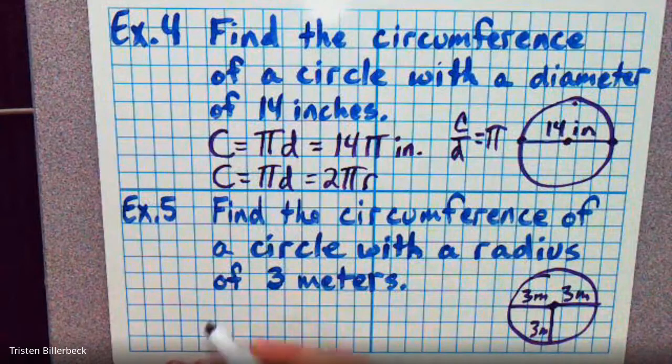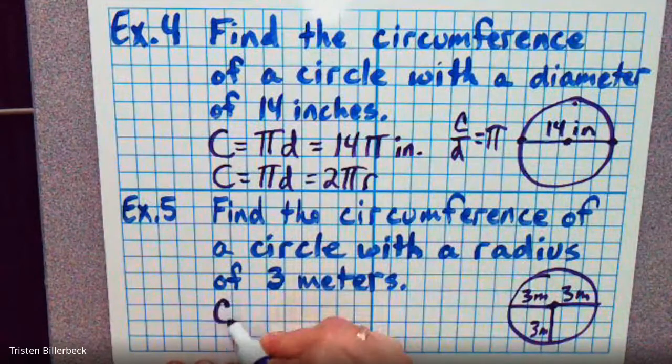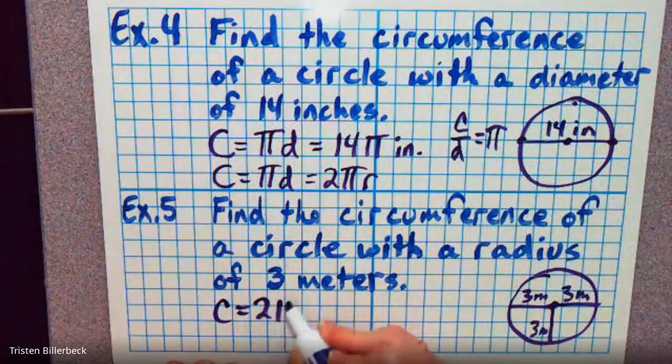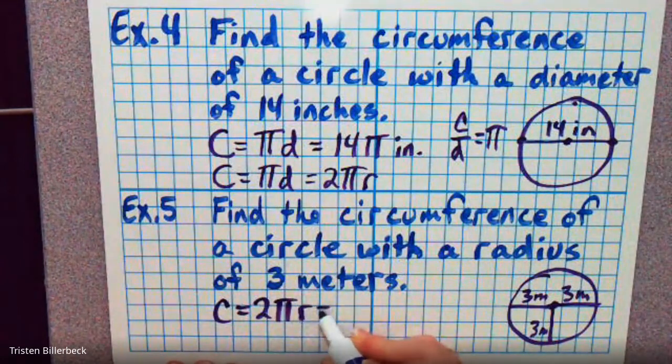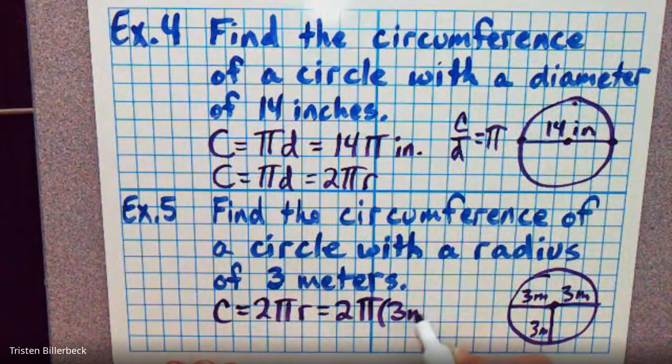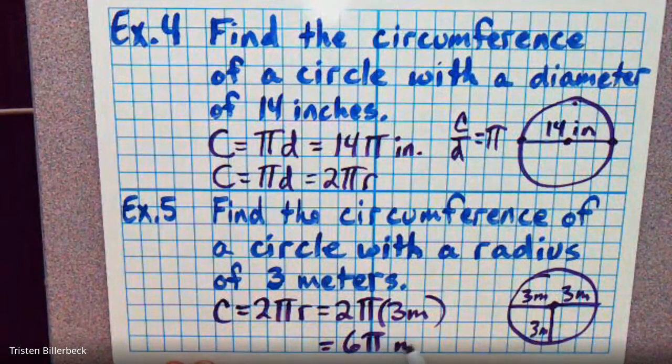Okay, so as we discussed earlier, circumference when we're using a radius is, notice we have 2r equals the diameter. So that's why we have 2 pi r. So if we have 2 pi times 3 meters, we end up getting 6 pi meters.